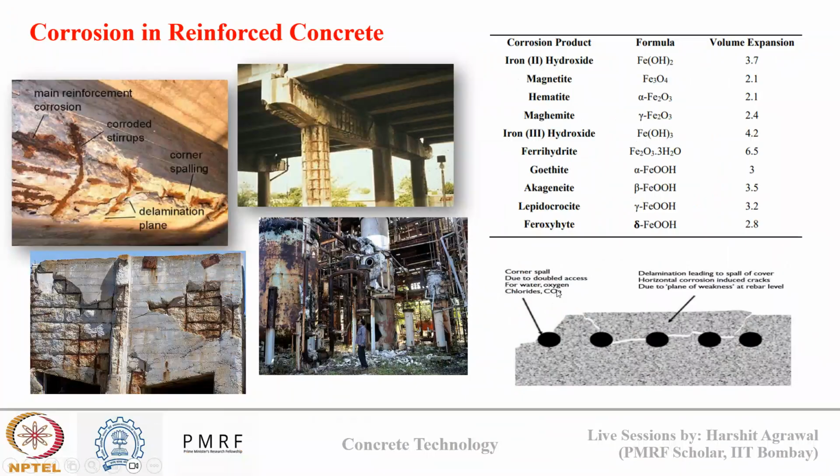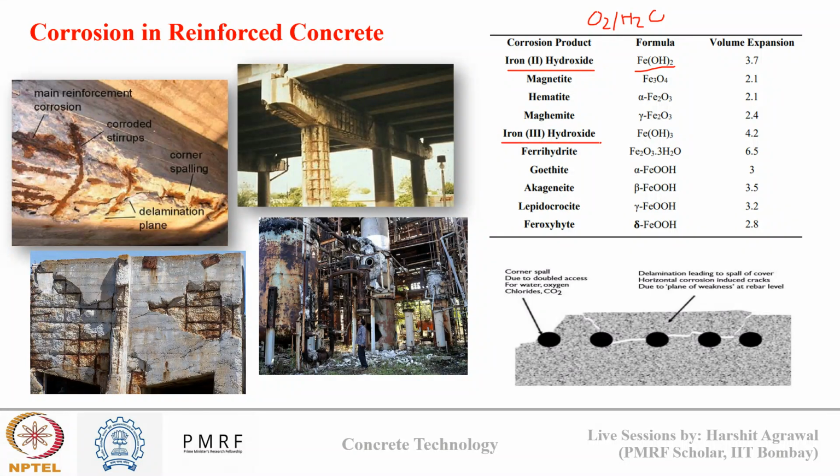Okay, so the next thing is, what's the end result of corrosion? That is corrosion products, or what we generally call rust. The rust that is formed due to corrosion can have different composition based on the availability of oxygen and moisture. We saw Fe(OH)2, that is iron 2 hydroxide.